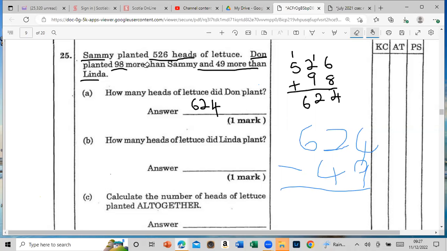Sir? Yeah, I'm here. Does Linda have 673 heads of lettuce? No, she does not. Let me tell you why. It can't be that, guys. Listen, Sammy planted 526, right? Dan planted 98 more than Sammy and 49 more than Linda.